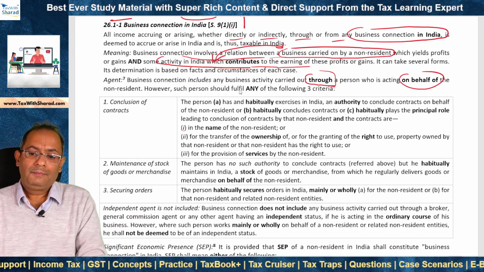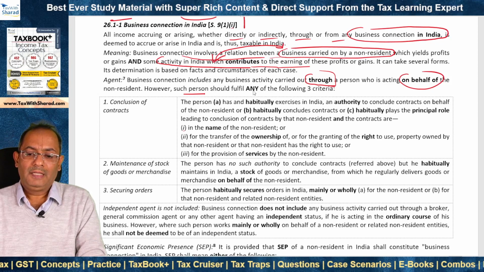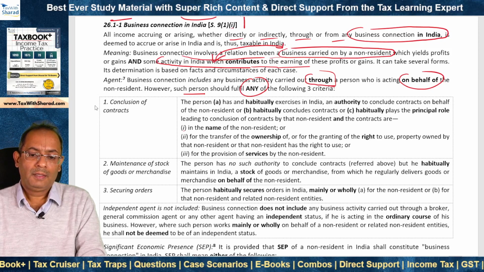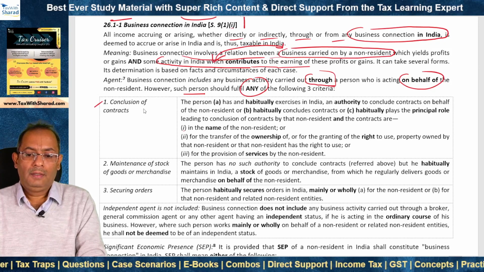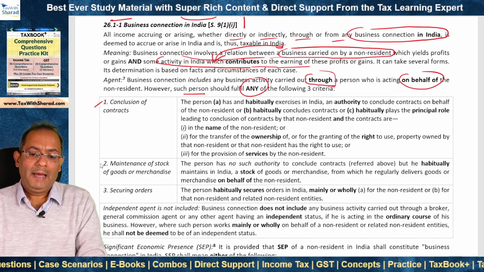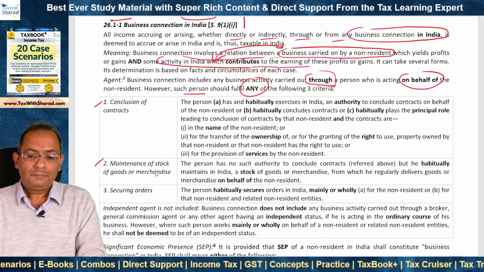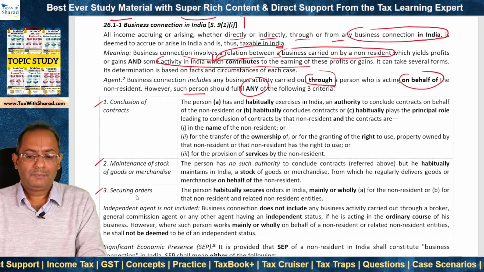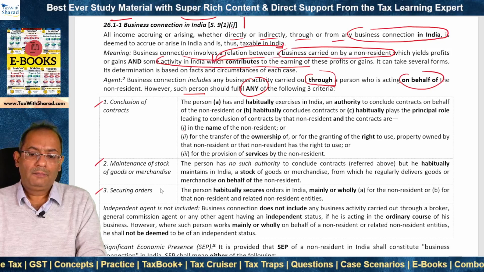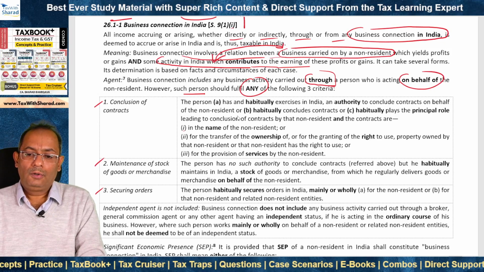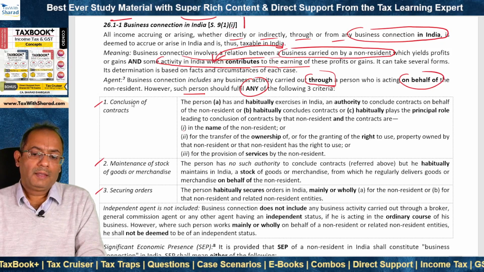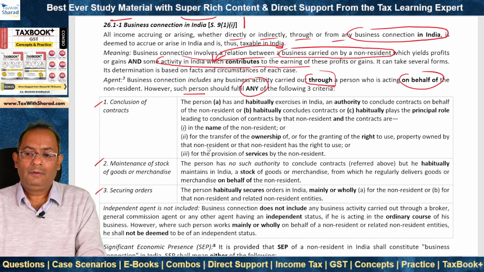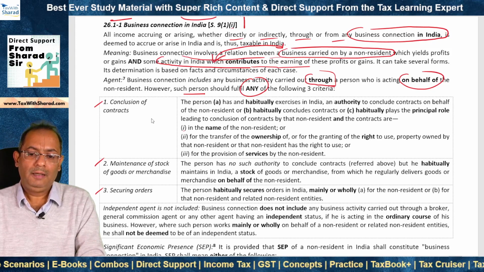For this to happen, such person, that means the agent, should fulfill any of the following three criteria. And there are three criteria. The first criterion deals with the power to conclude contracts. Second deals with the maintenance of stock of goods or merchandise. And the third is in respect of securing orders. So we'll not go into the details, but very briefly, if any of these, one or two or three, are satisfied by the agent, then the non-resident can be said to have a business connection in India.